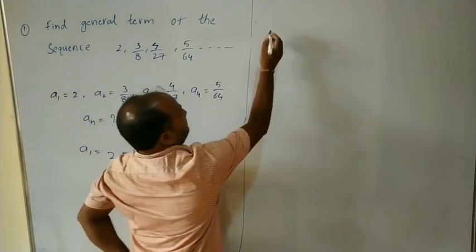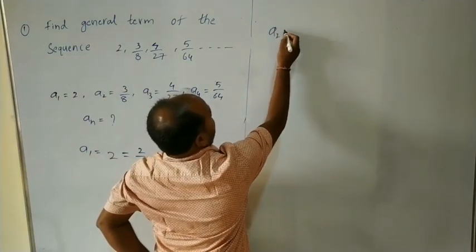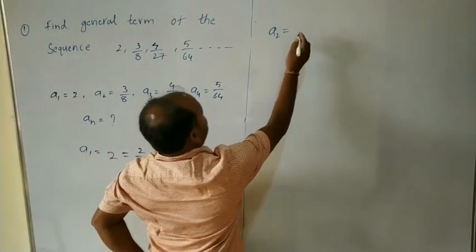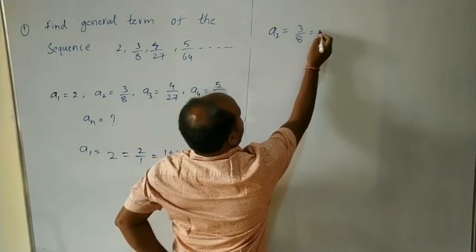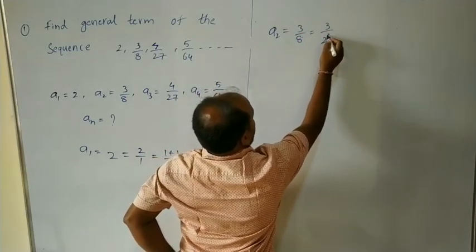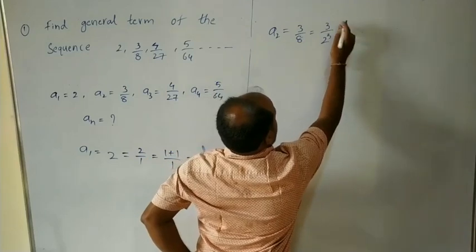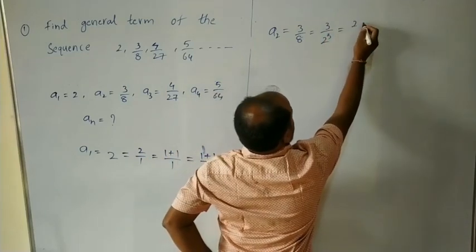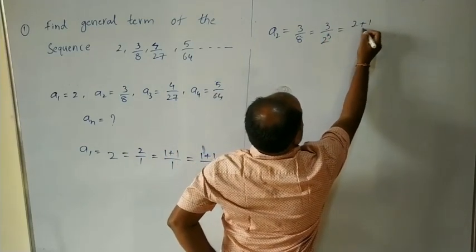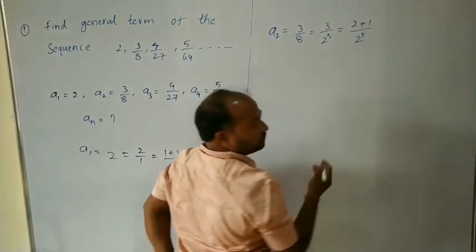Similarly, let us take a2, which is equal to 3 by 8. 3 by 8 can be written as 3 by 2 cube, which can be written as 2 plus 1 by 2 cube.